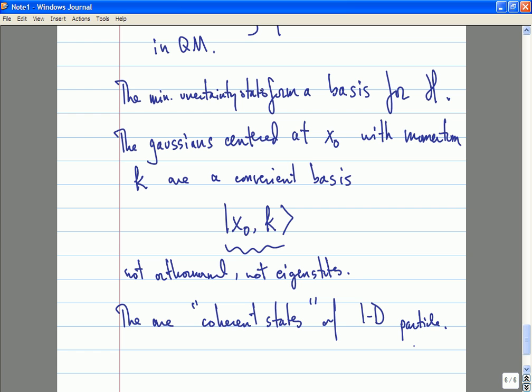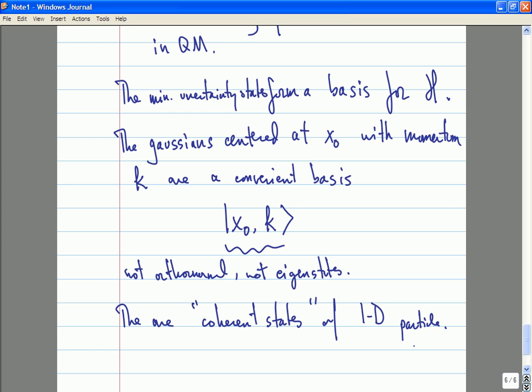You have to include the Gaussian centered at other points. The Gaussians centered at the origin do not form a complete basis for your Hilbert space. Prove that if it's not clear. It's not trivial.